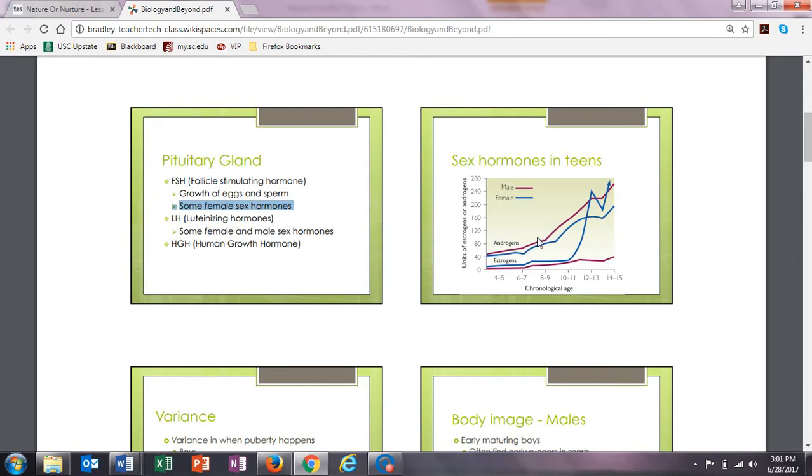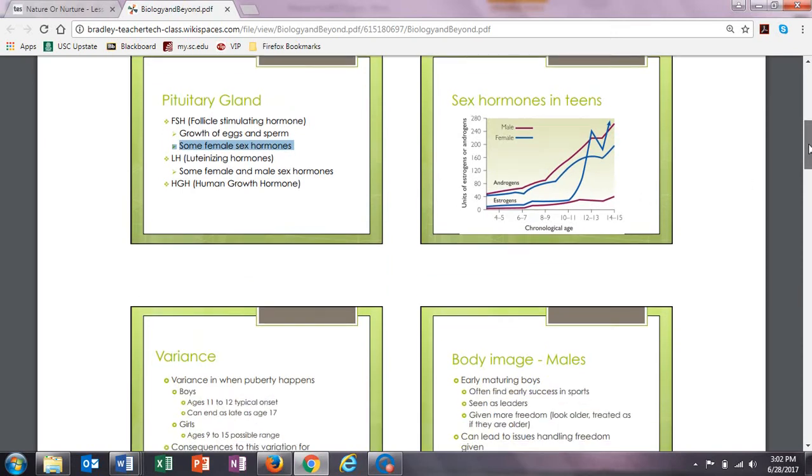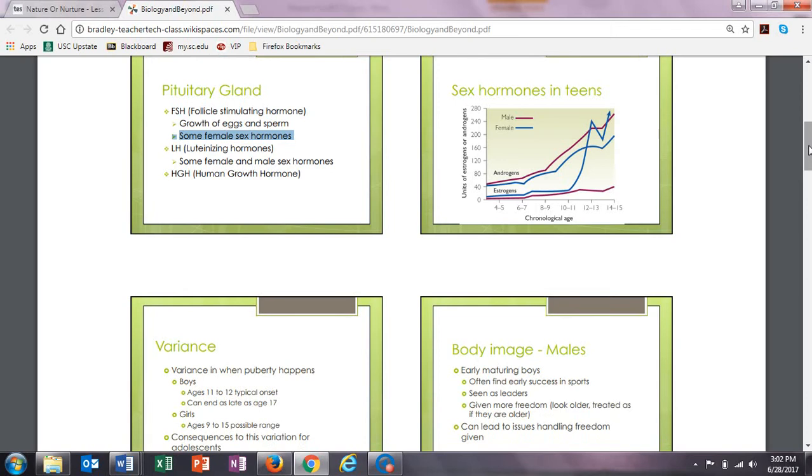Yes, it goes up, but it's not the steep spike that it's going to be here for girls ages 10 to 12, 10 to 13. So there is a big difference there. Be sensitive to the kids at that age level, because there's a lot going on, and a lot of adjustments they are making to their new shape, their new bodies.